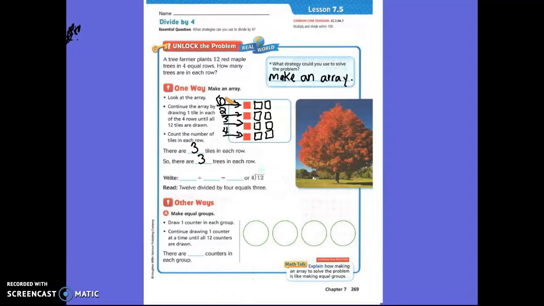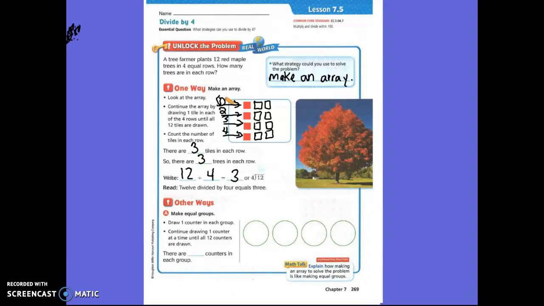How would I write this? Ella? 12. Keep going. Divided by 4 equals 3. Or you can use the house, right? Because the house means division.